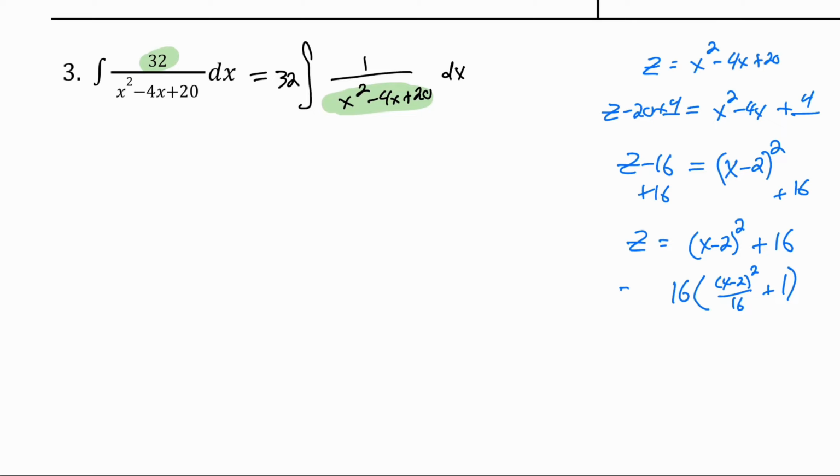Even more interestingly, this 16 doesn't fit our model of something squared plus 1. We can take this one step further, and we know that 4 squared is equal to 16. So we can rewrite that as (x minus 2 over 4) squared plus 1.